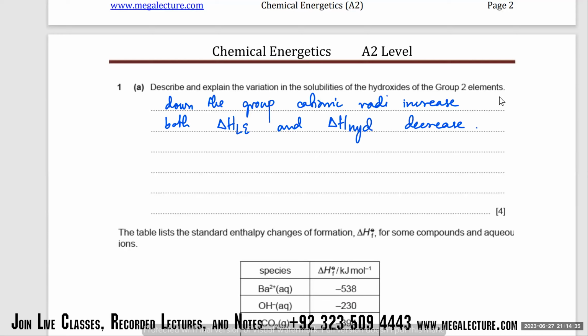But for hydroxides, they become more soluble down the group. So that means breaking the lattice is easier. But lattice energy, delta H LE decreases more, easier to dissolve down the group, compared to delta H hydration, sorry.